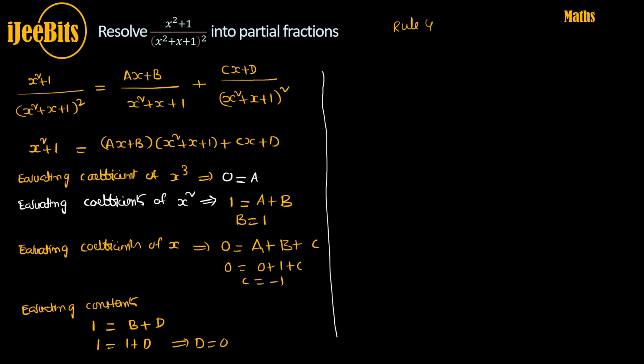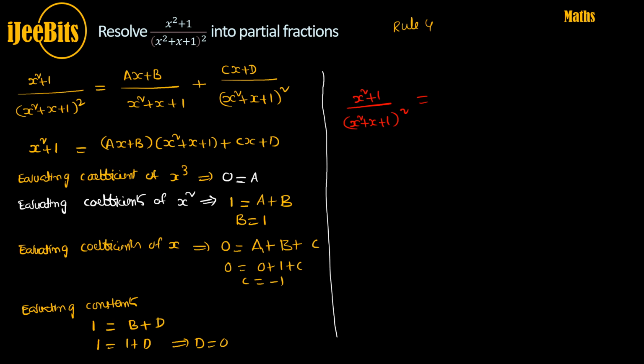This equation now, x square plus 1 divided by x square plus x plus 1 whole square, is given. So how do you represent it? Using ax plus b by x square plus x plus 1 plus cx plus d by x square plus x plus 1 whole square. This is how you have to decompose into partial fractions, right?